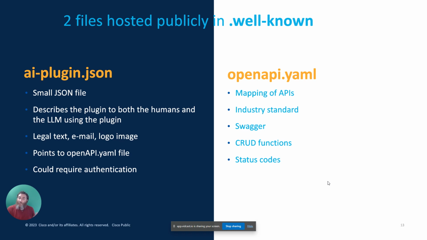We can create records, delete records, modify records, just read information without changing anything. And we can handle various status codes, 200, 201, 404, 400. All of those status codes can be mapped to how we want to handle them with this OpenAPI YAML file. And we're going to look at a real one in a second.